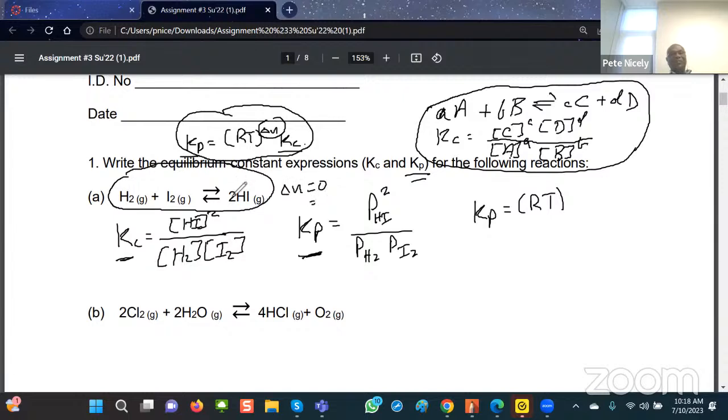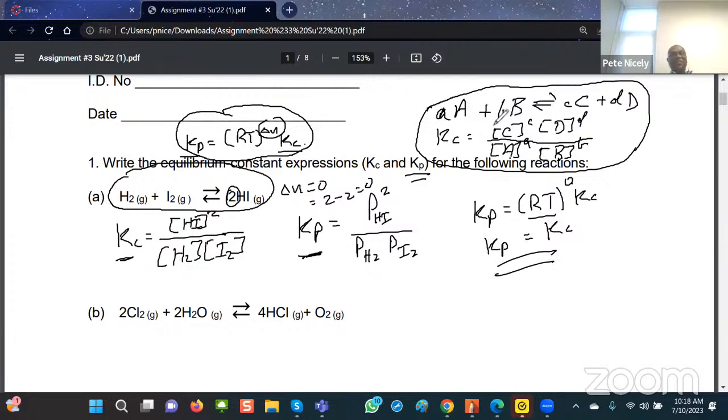Because the total sum of the coefficients of the products is 2, and the total sum of the coefficients of the reactants is 1 plus 1, 2. So that would be equal to 0. So you're going to have 0 here, and you're going to have Kc here. And we all know anything raised to the power of 0 will be equal to 1. So therefore, in this particular case, Kp will be equal to Kc, all right?